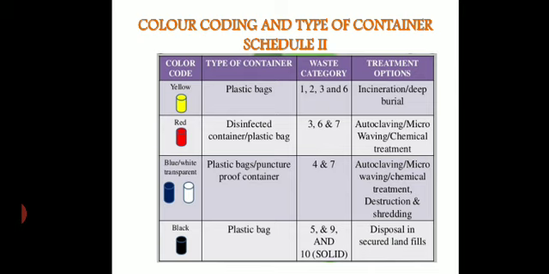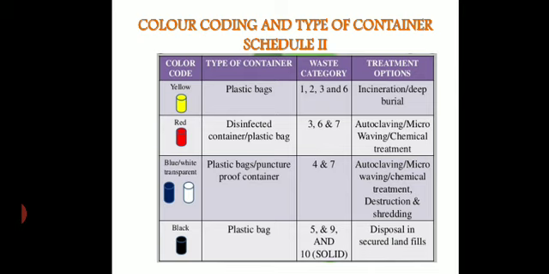Then your last type of dustbins includes black color coding. Again you can use plastic bags as the type of container. The waste categories include 5, 9 and 10.